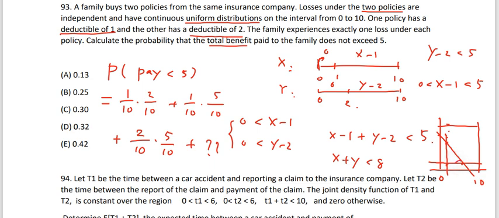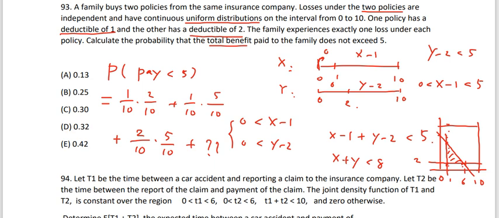What is the area of this triangle? Here x equals 1 and y is 2, and x plus y equals 8, so we find x equals 6. So this side is 5.